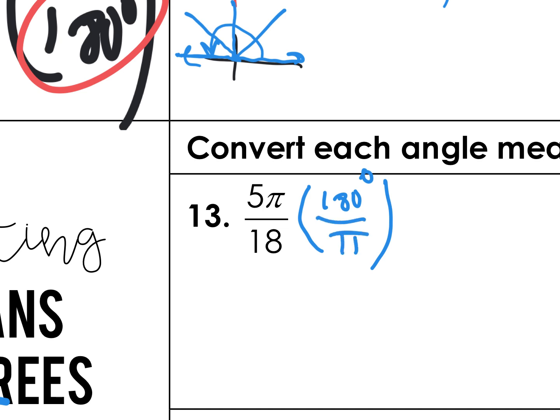Now, you may not think this is a coincidence, but it actually is. The fact that I have a pi on top and a pi on the bottom does cancel. Let me change that to a red here. So the pi's do cancel out. So now you are left with 5 times 180 degrees divided by 18.